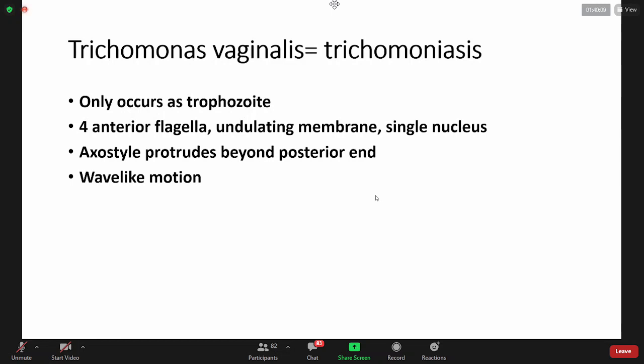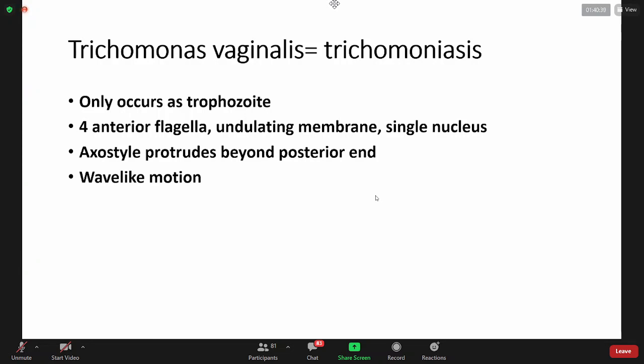The other flagellate is not found in the intestinal tract, but in the female reproductive tract. It is known as Trichomonas vaginalis, and it causes a disease known as trichomoniasis. This one has only one morphological form, known as the trophozoite.